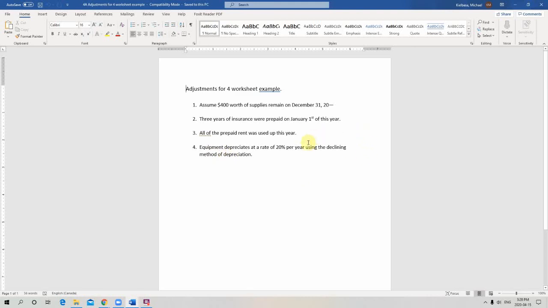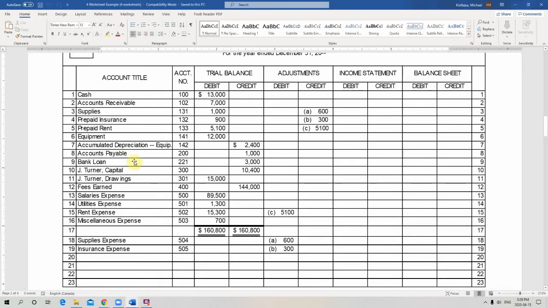Now, we need to know what method of depreciation we're using. In this case, we're using the declining balance method. So something should go off in your head that I need book value: the original cost minus what's in accumulated depreciation. Okay? So if I go to my worksheet, the original cost of the equipment is $12,000.